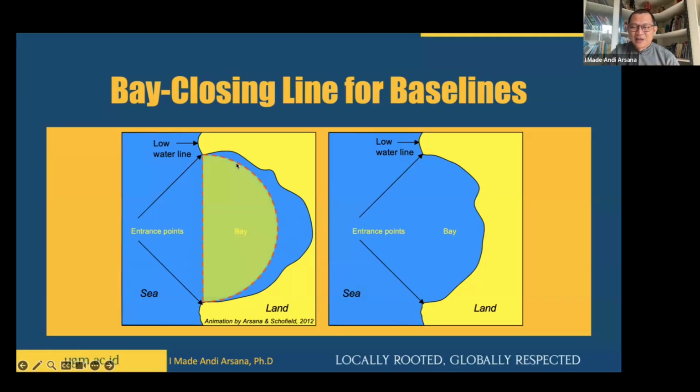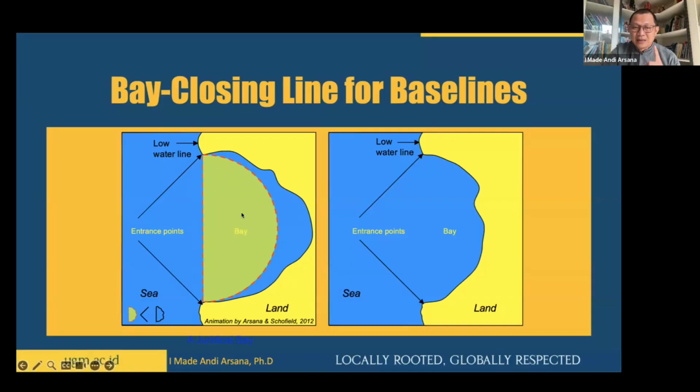All right. So this closing line has to be shorter than 24 nautical miles. And then the semicircle, luas setengah lingkarannya, has to be smaller than the area of the bay. Jadi luas setengah lingkarannya harus lebih kecil dibandingkan luas teluknya.